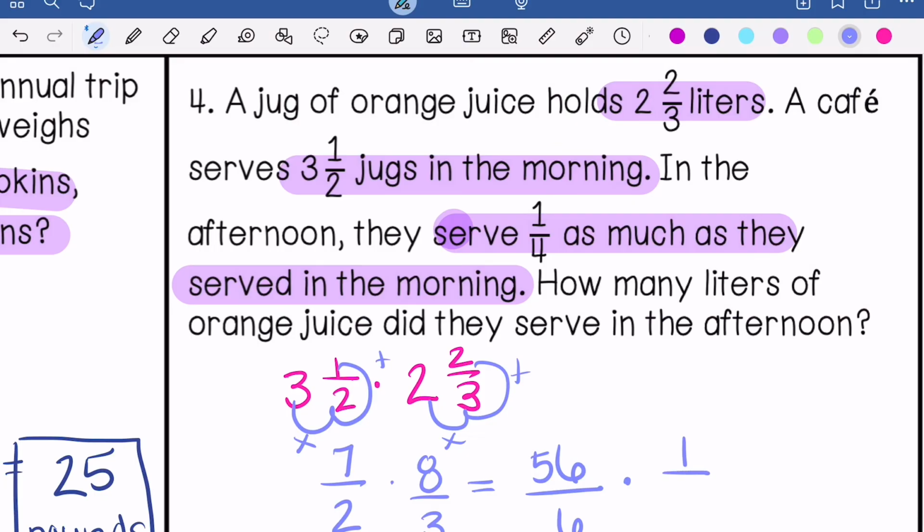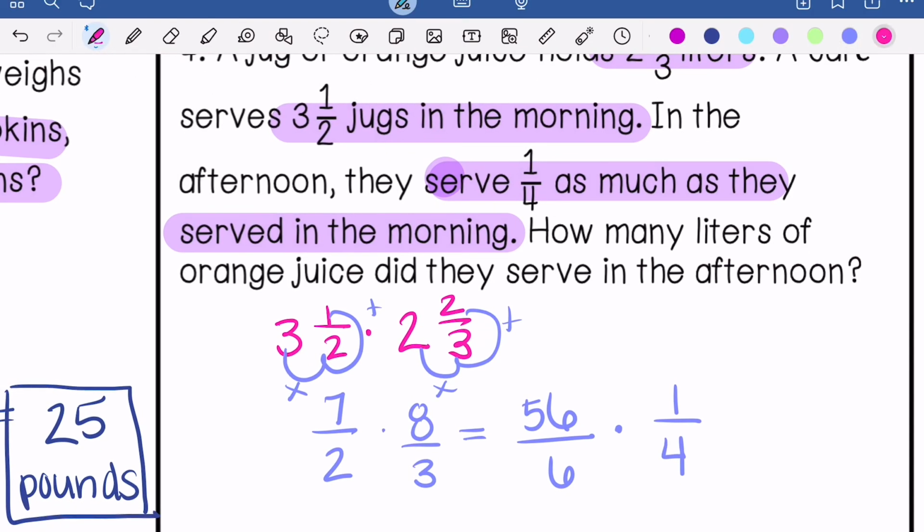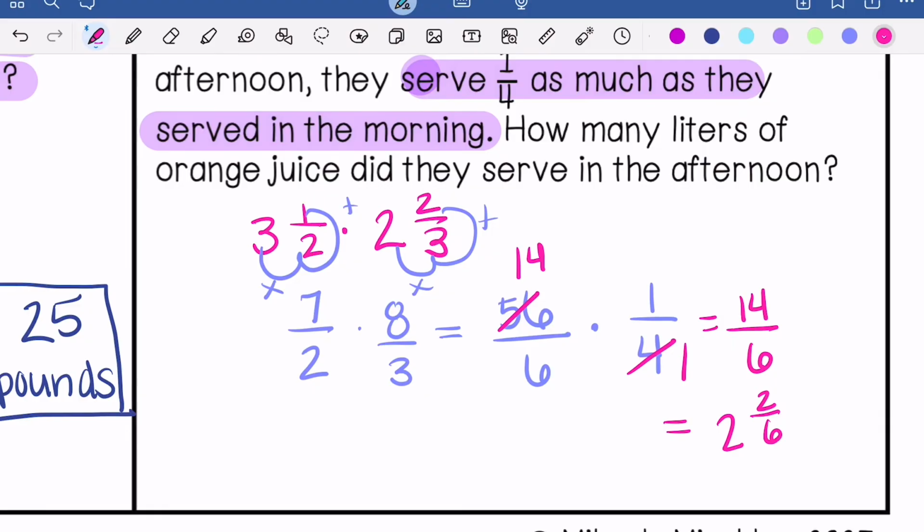Then I'm going to multiply that by a 4th. I see a cross simplification opportunity here. So now we have 14/6, which simplifies to 6 goes into 14 2 times with a remainder of 2/6. That simplifies to 2 1/3 liters.